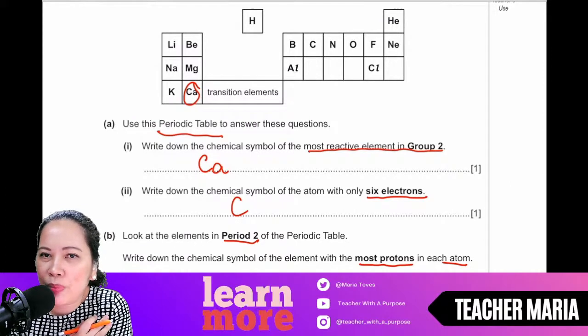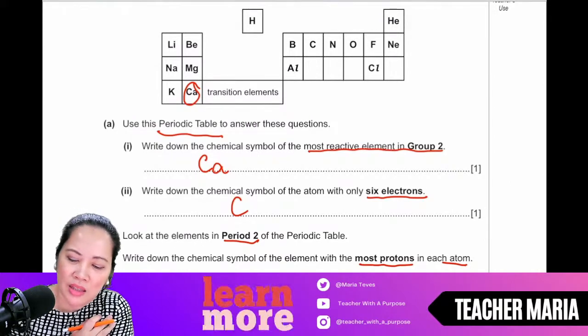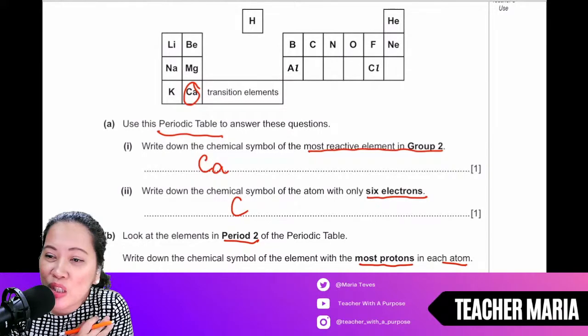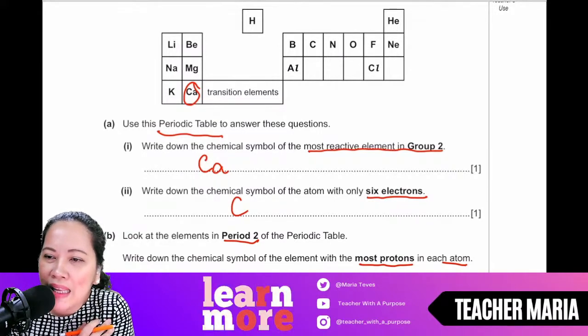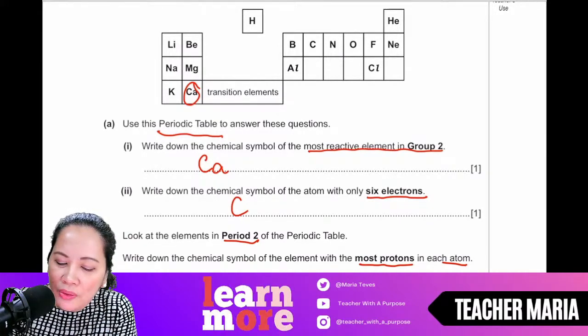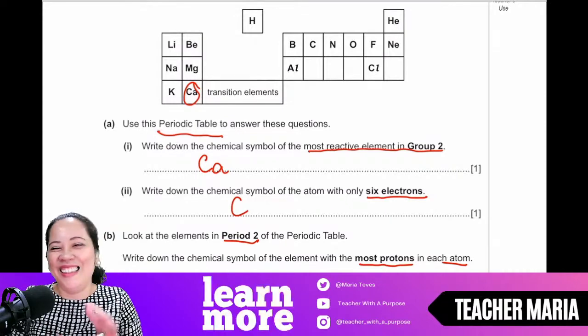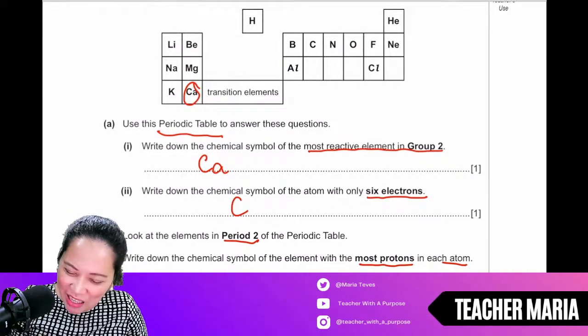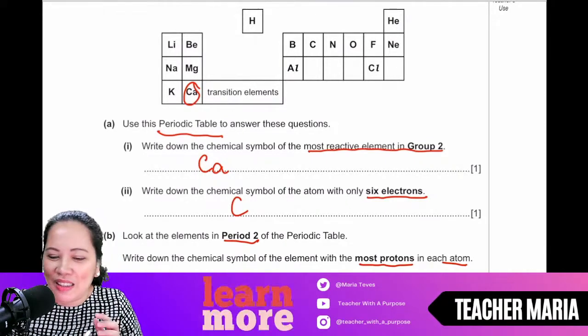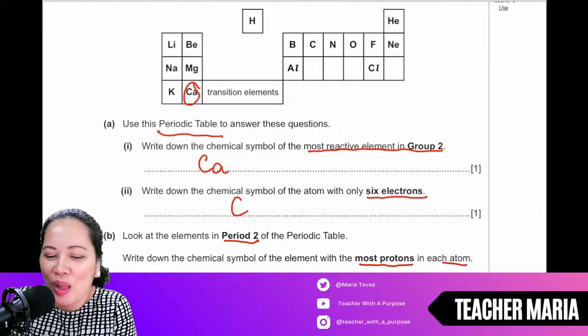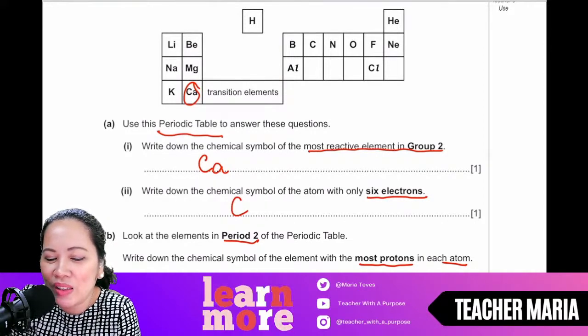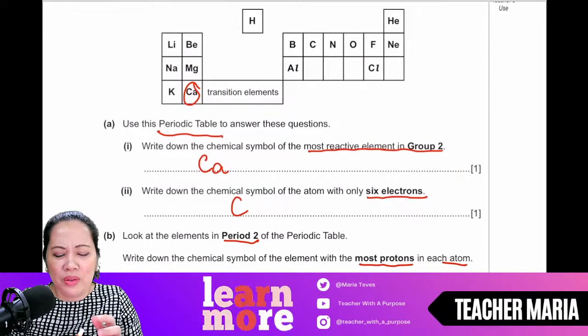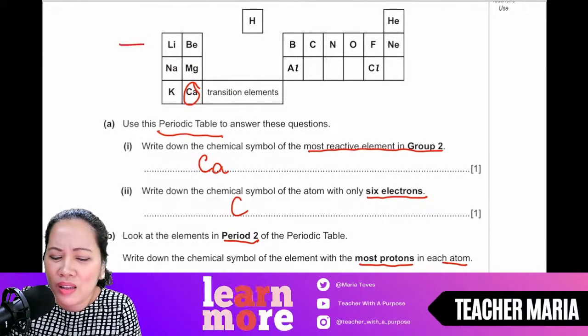Remember that the number of protons equals period 2. You're not reading instruction. Period 2. Hello. Period 2. What is period 2?